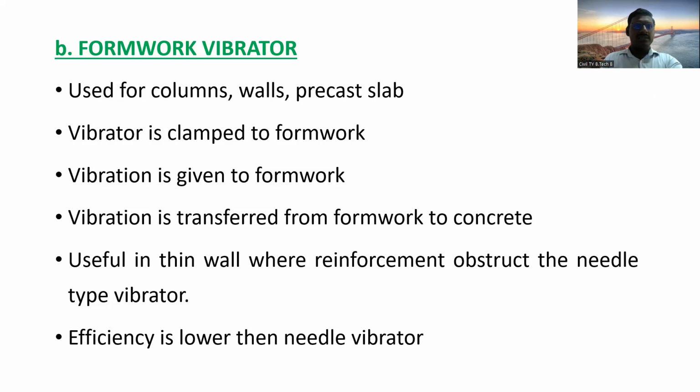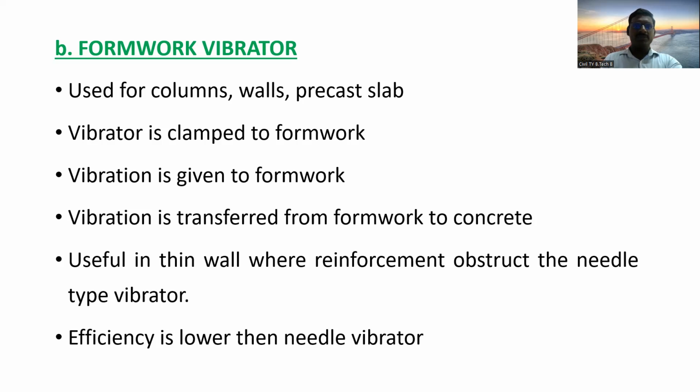Then the second type of vibrator we have seen is the formwork vibrator. If the thickness of the wall where we are concreting is less, the needle vibrator cannot be used, because it does not insert into that particular formwork or thin wall. So we use the formwork vibrator.